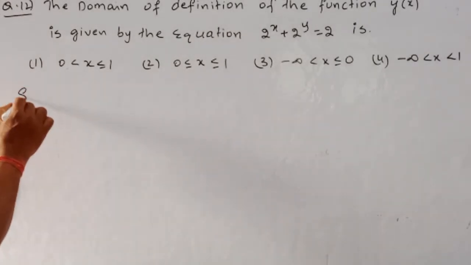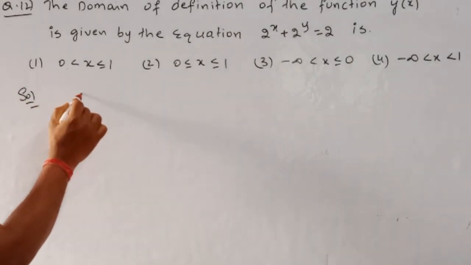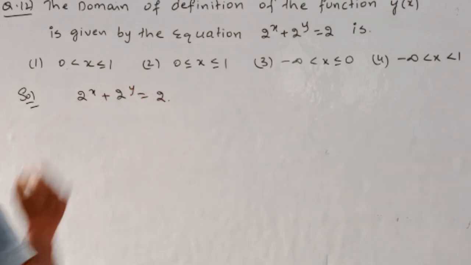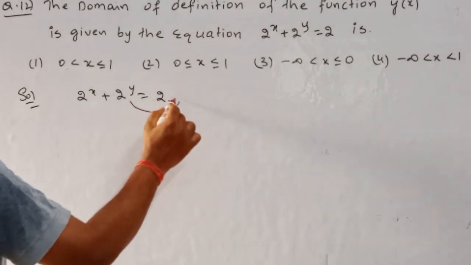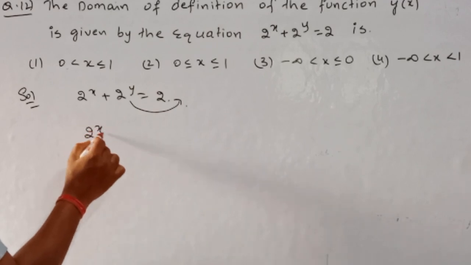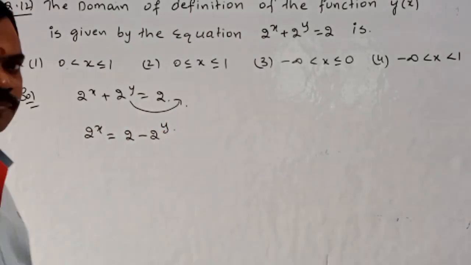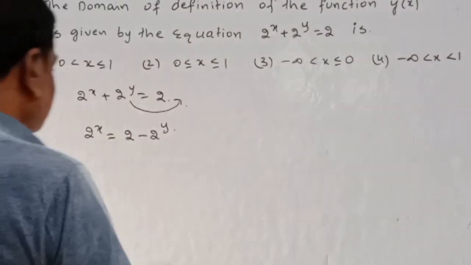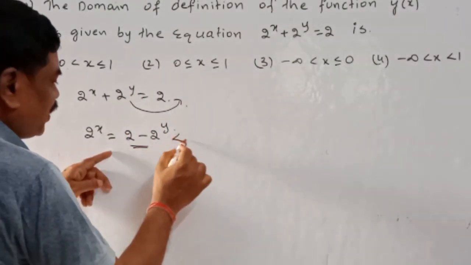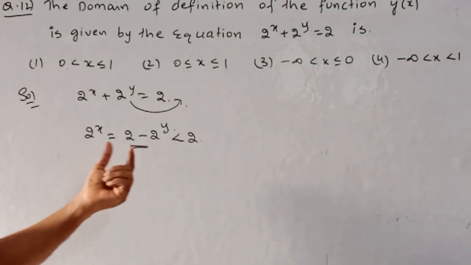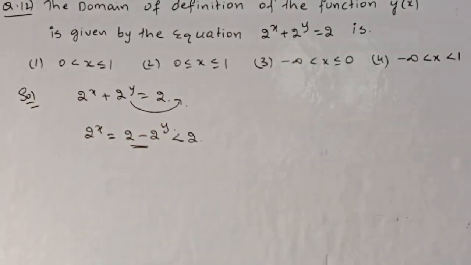Okay, all of you. Here you see 2 power x plus 2 power y is equal to 2 is given. You can take to this side: 2 power x is equal to 2 minus 2 power y, which is less than 2 for any given values of y.